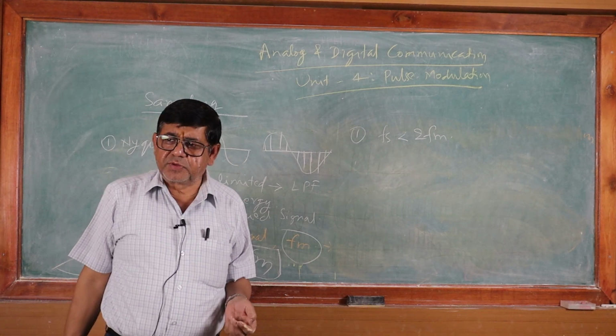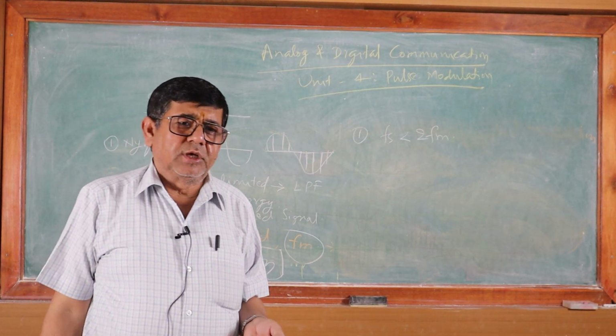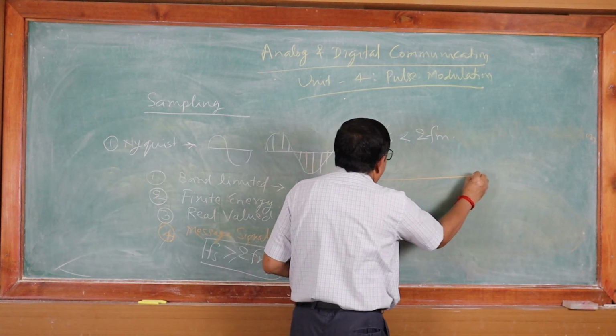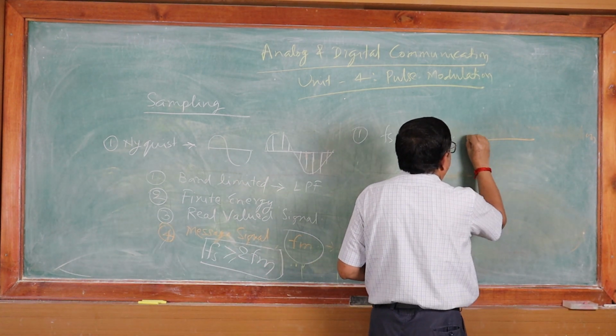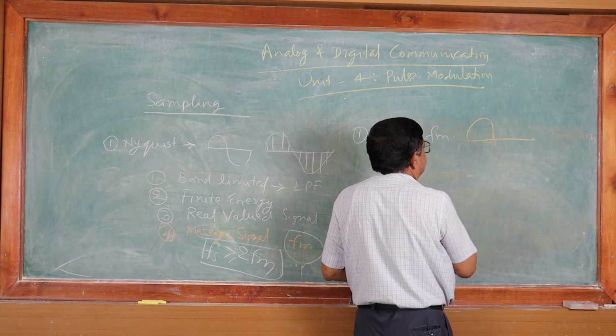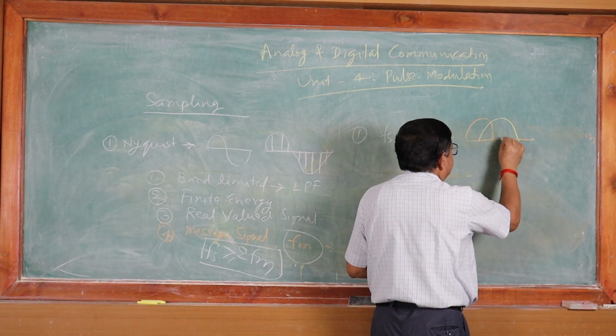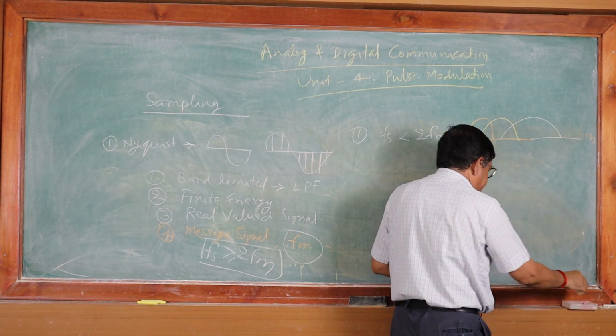Anybody can tell? If sampling rate is less than 2 into Fm, aliasing effect will occur. So, dekho, one signal I will write here only so that we will cover. One signal is this, another signal is this, another signal is this.